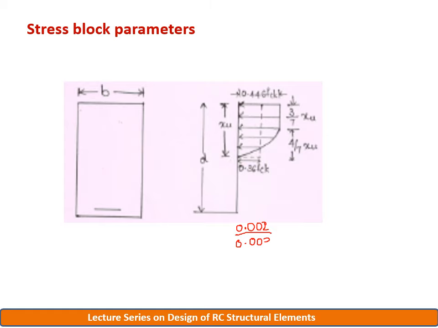This is the strain at which we say that the concrete has failed. So if we divide 0.002 by 0.0035, we get the value 4/7. That 4/7 of XU is obtained from this value. Now, how do we arrive at 3/7 of XU? If the total distance is XU, and we deduct 4/7 of XU from XU, we get 3/7 of XU.